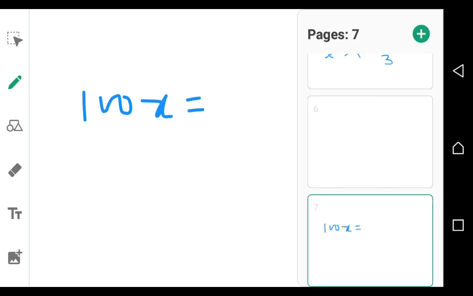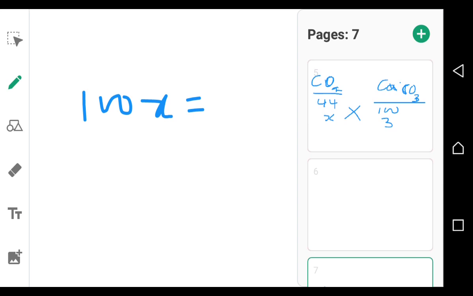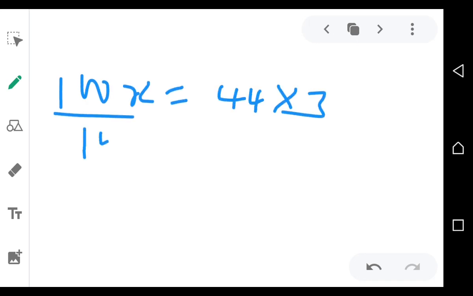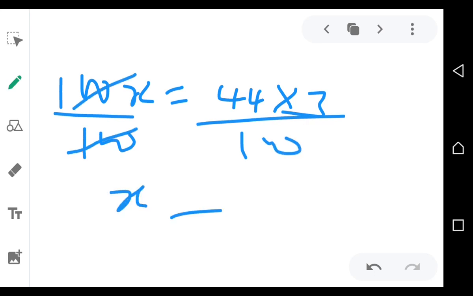100 times X is equal to 44 times 3. You divide by 100 on both sides, you cancel this, and then you divide by 100.